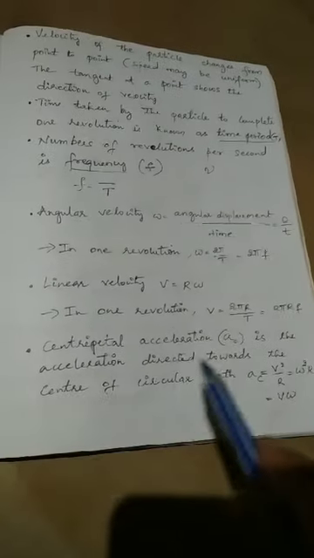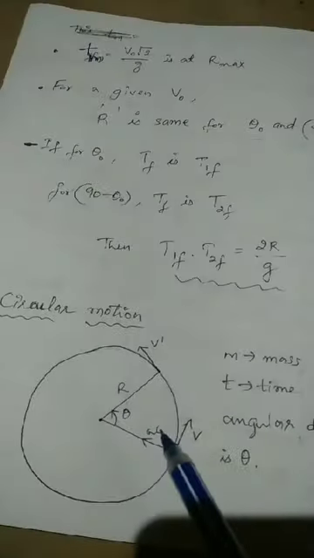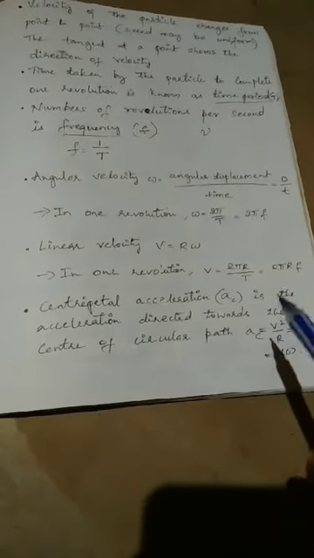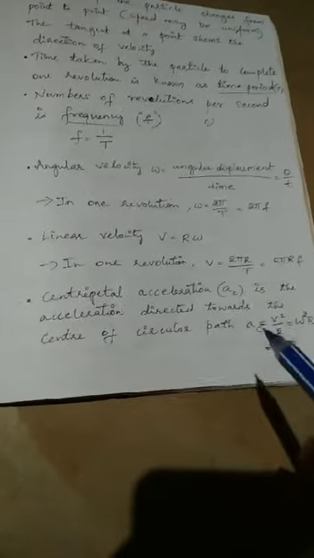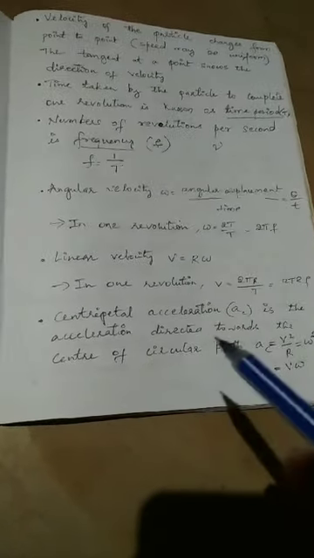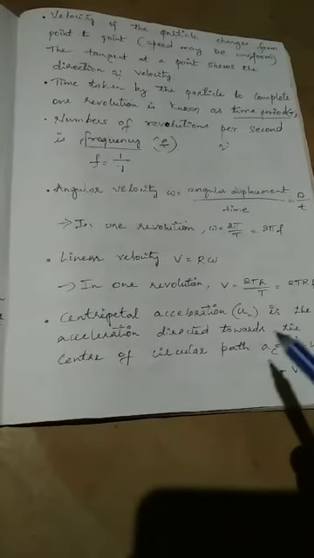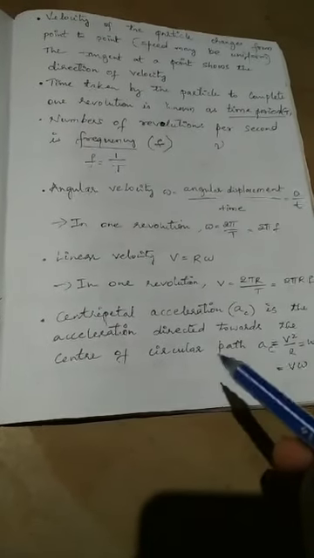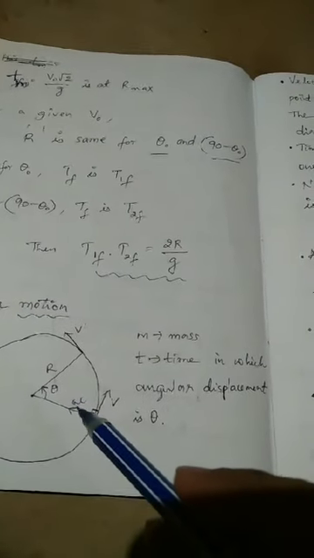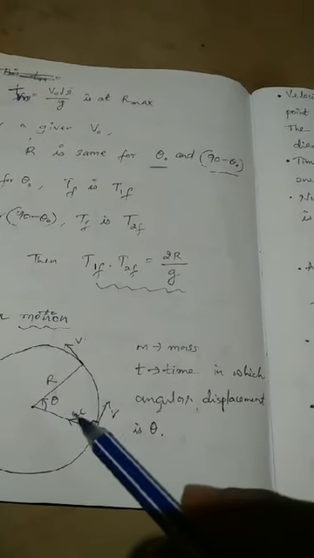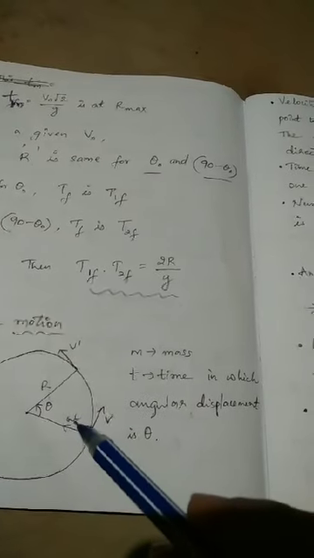Okay. Centripetal acceleration. What is that? Definition will not be asked in competitive examinations, but you have to remember it for that reason. Centripetal acceleration is the acceleration directed towards the center of the circular path. Acceleration is a vector quantity, so it should have a direction, which is towards the center of the circular path, AC.